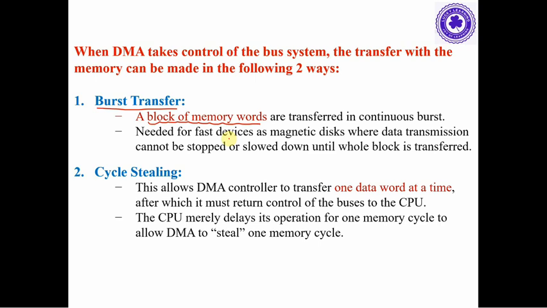It means not one word, but a block of words is transferred. Another way is called cycle stealing. This allows the DMA controller to transfer one data word at a time, after which it must return control of the buses to the CPU. It means the CPU simply delays its operation for one memory cycle to allow the DMA to steal one memory cycle.